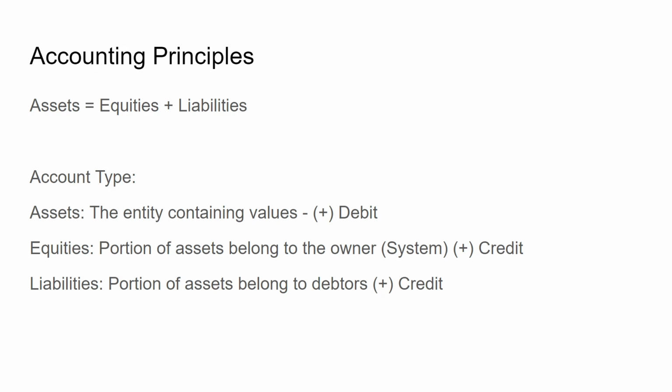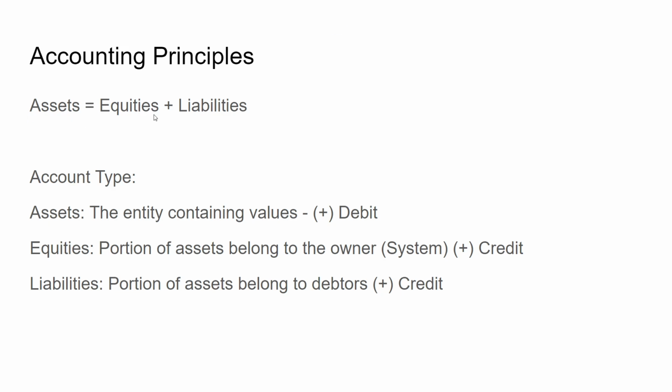Sometimes an asset can be intangible, for example the copyright, or the right to do something like a license. This can be an asset.